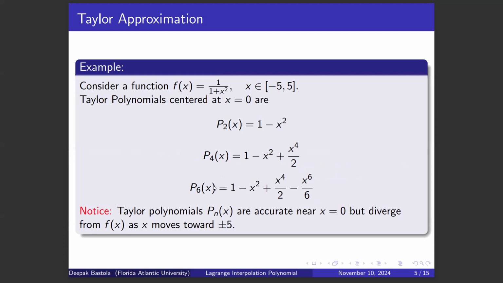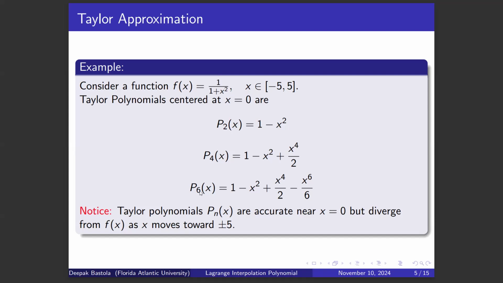So the Taylor polynomial at 0. If you are approximating this function f(x) with a second order Taylor polynomial, then it looks like 1 minus x squared, centered at 0. With the fourth degree polynomial, you could approximate with 1 minus x squared plus x to the 4 over 2.